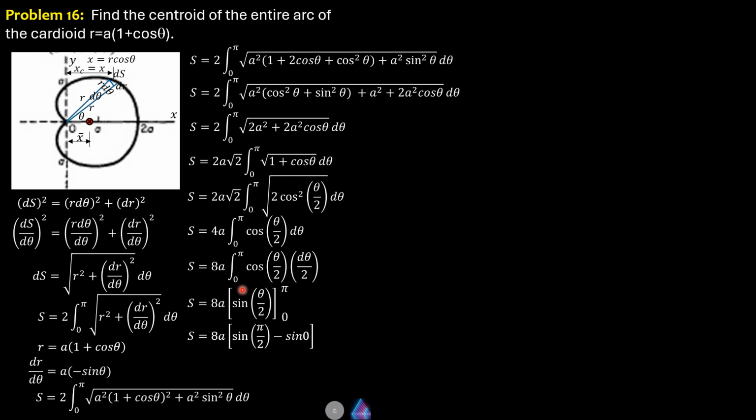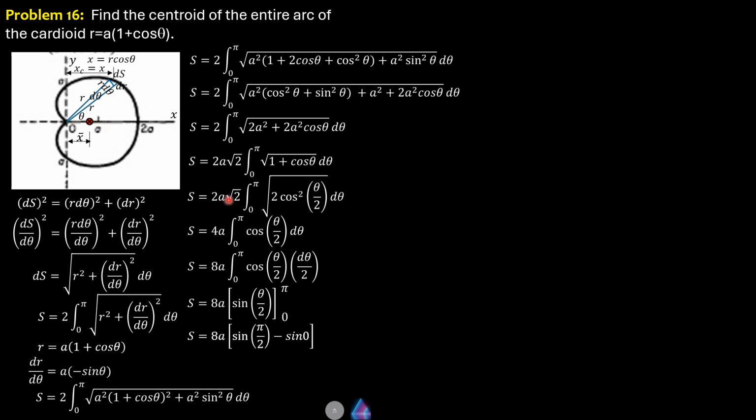Then we apply the first moment of mass concept to locate this centroid here. Obviously, by symmetry, the x-axis is the axis of symmetry. The centroid will have y bar 0, so we are only interested in x bar.